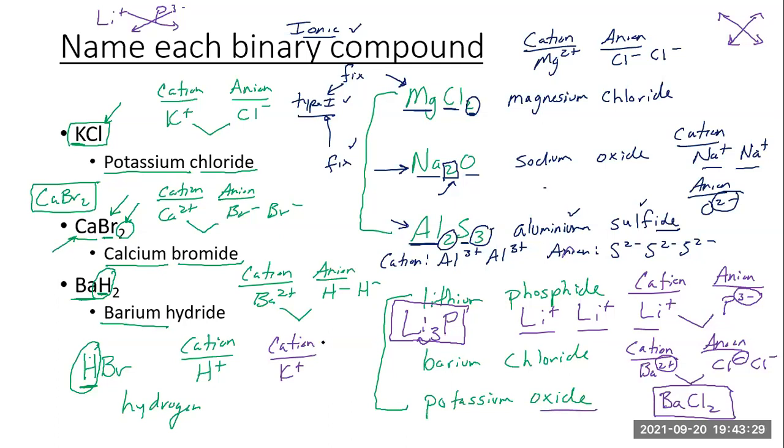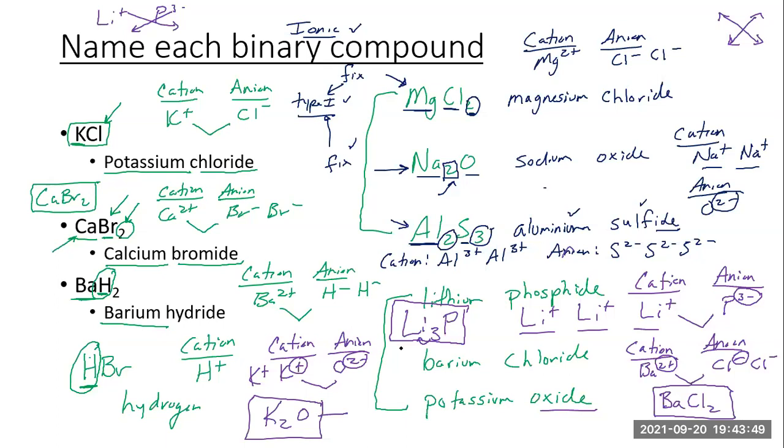Oxygen, which is group 6, would be our anion, which is a -2. Now, when we put this together, -2 + 1, we need one more potassium to balance out the charge, and that gives us K2O in this case.